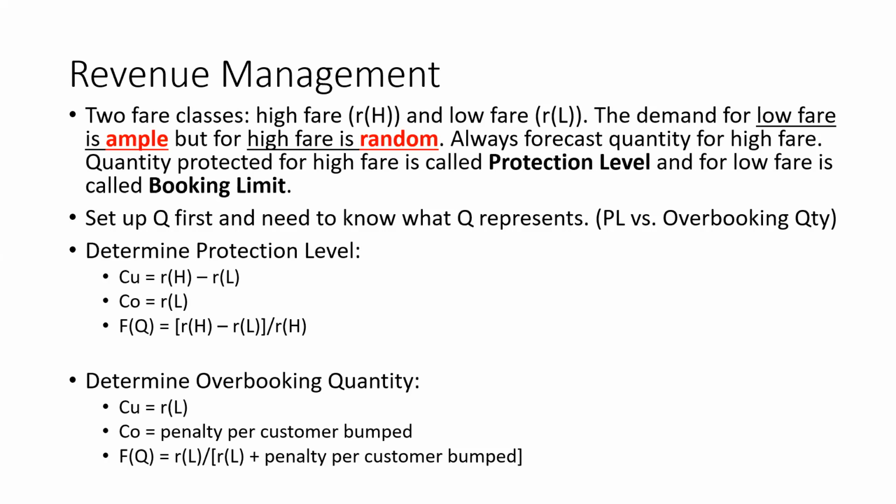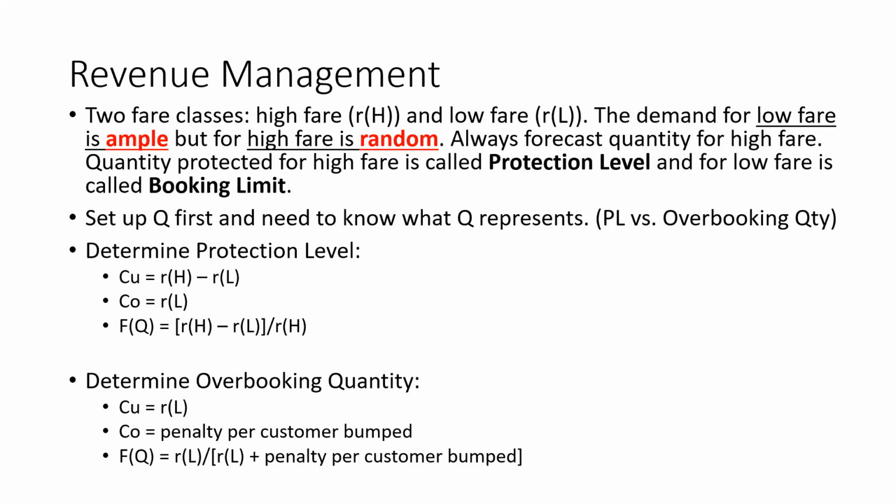Sometimes you may mess up the different Qs, so you may denote Q star or Q something. So in forecasting the protection level, we set Q as the protection level for high fare.